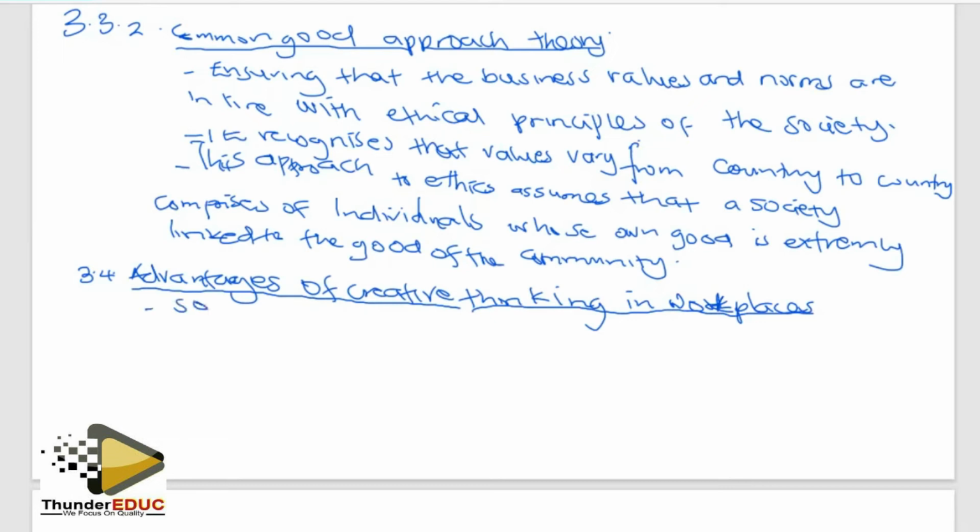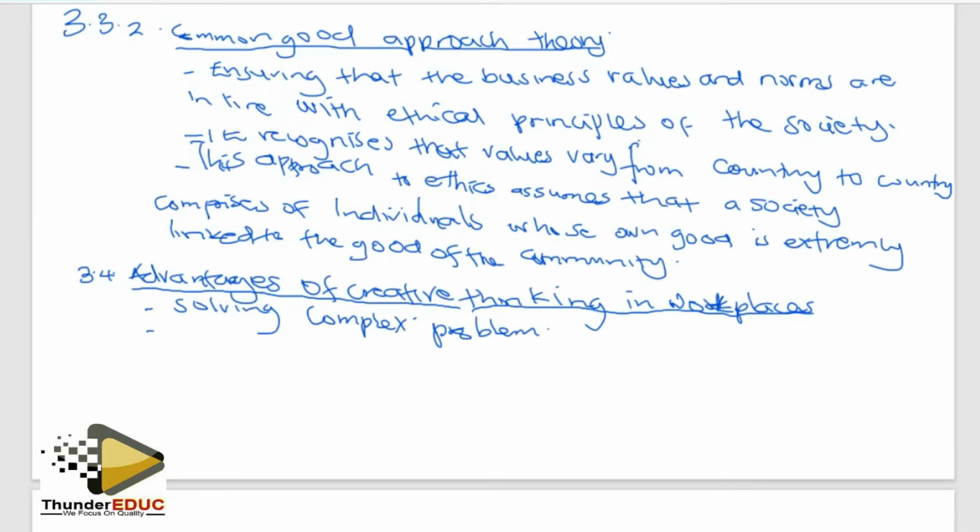Solving complex problems. See? Because we think out of the box, we come up with something new. A problem that is affecting the business, it is too big, it can be solved with a lot of these inventions.